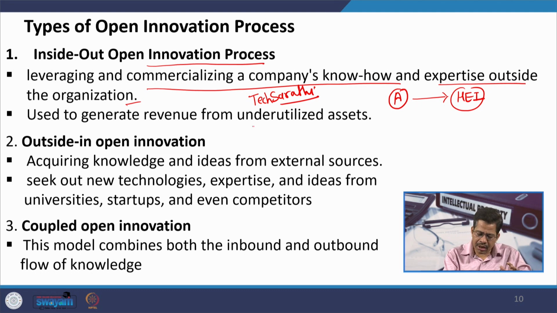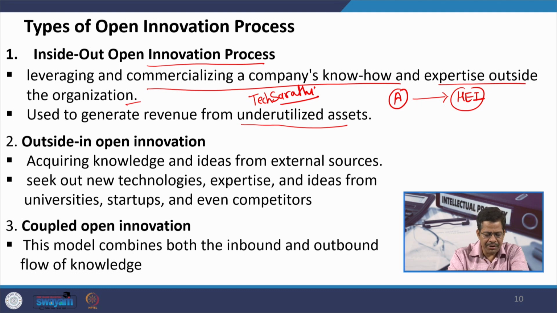The underutilized resources available with us, we are now trying to give to SMEs around the Roorkee area. This is an example of inside out open innovation, and in this collaborative process we are customizing our knowledge, our resources, our IP, so that it suits the requirements of those SME partners.